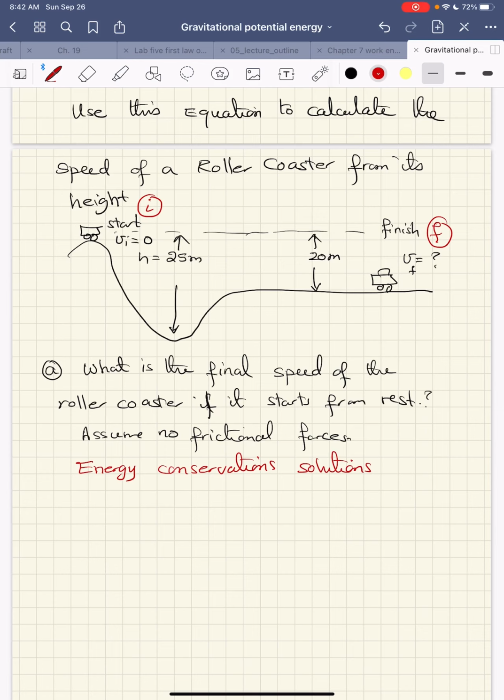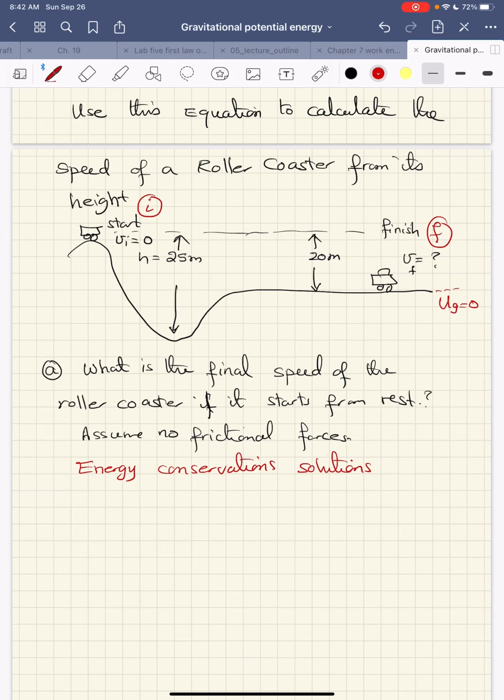Initially it started from zero, so no kinetic energy, but it has gravitational potential energy. Whenever we deal with U_g, we need to define a reference where my U_g equals zero. To make my calculations simple, I will make U_g equal zero at this level here.